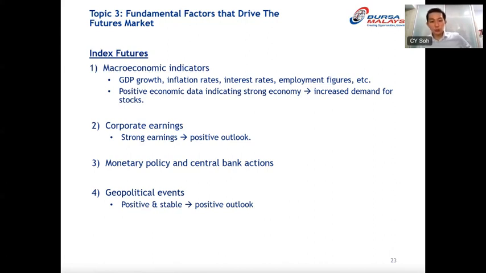Third factor would be monetary policy and central bank actions. So the monetary policy decisions, including changes in interest rates and whether there is a monetary stimulus by the central bank or not, these are the things that can also affect the changes in index futures price.